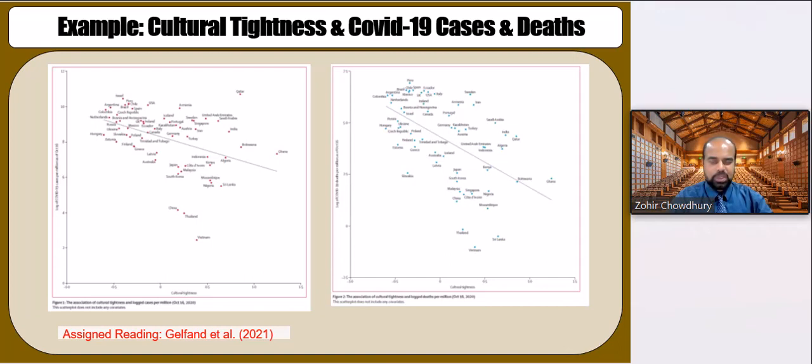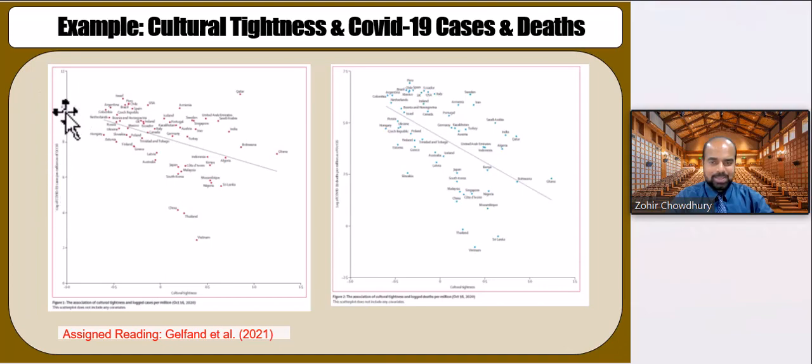So the authors in here show that cultural variation in the tightness of social norms helps to explain collective health outcomes during a global pandemic. So nations with high level of cultural tightness were better able to limit cases and death than nations that were looser.